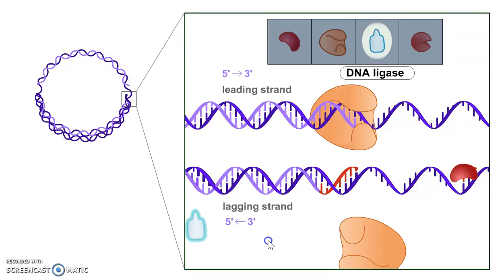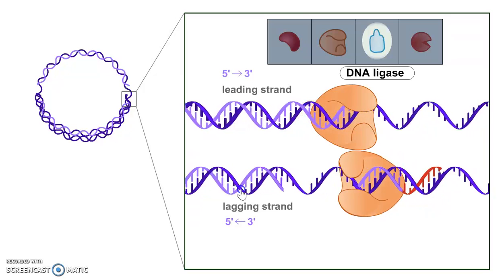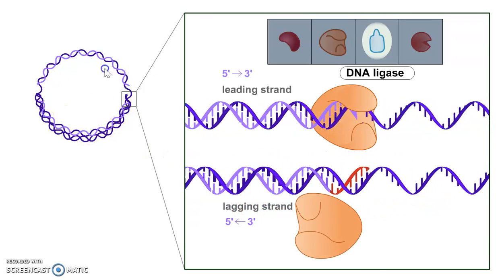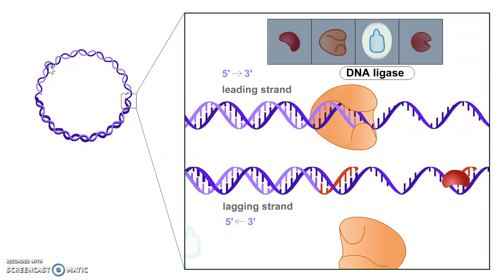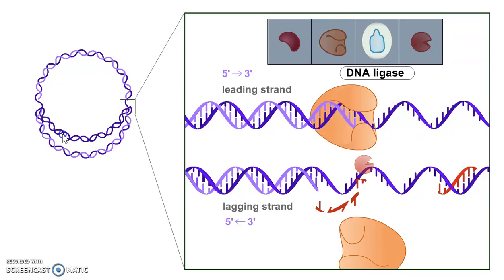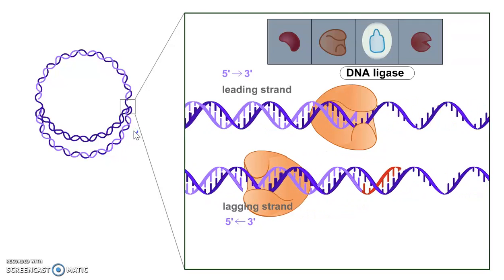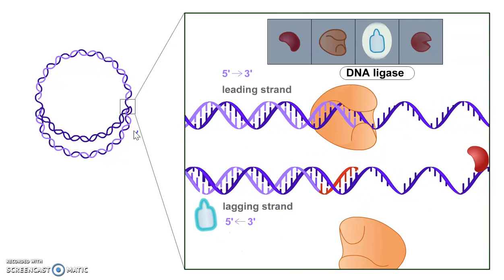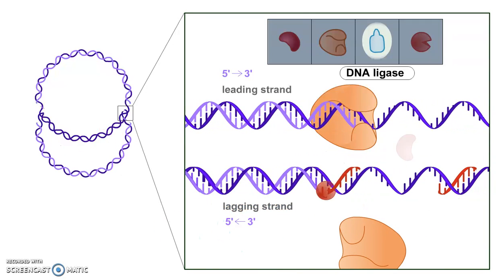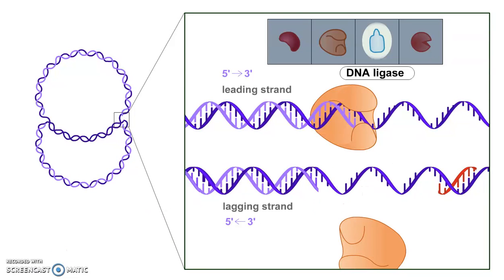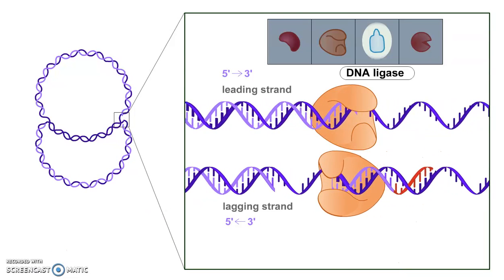And once that's done, you've got your completed double-stranded DNA molecule on the top and double-stranded DNA molecule on the bottom right there. So you can see semi-conservative DNA replication is going to result in the creation of two new DNA molecules. Half of it is old DNA strand, and then the other half is some new DNA strands. Hopefully that helps you to understand this process.